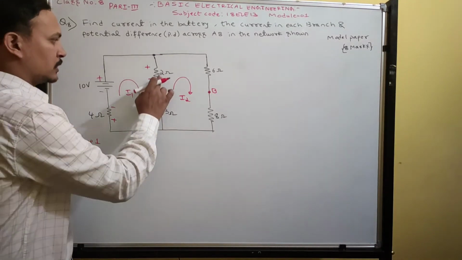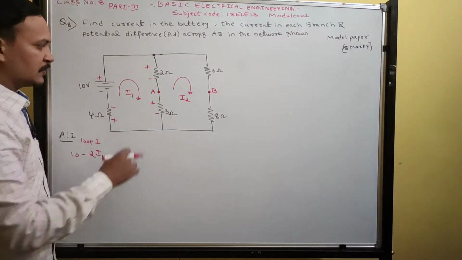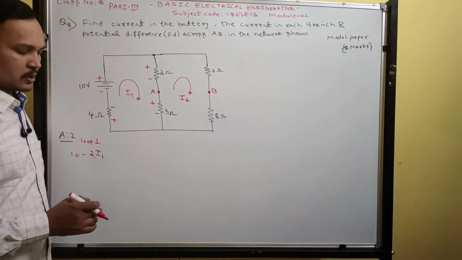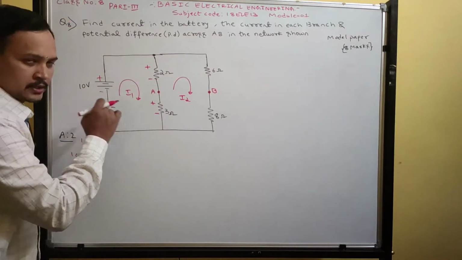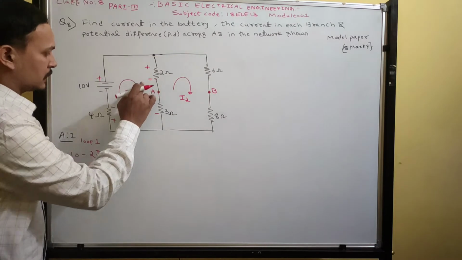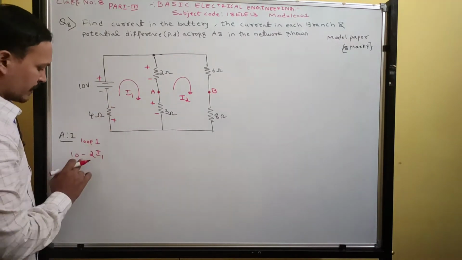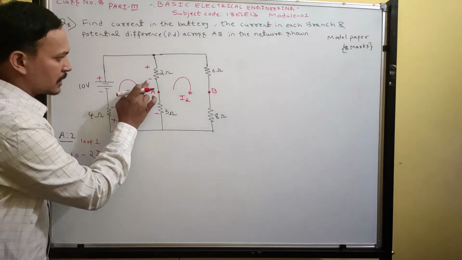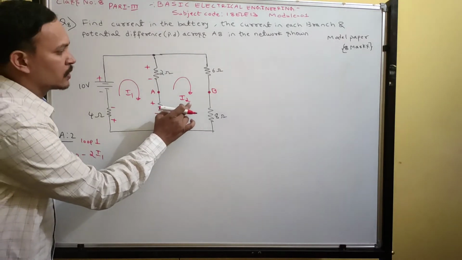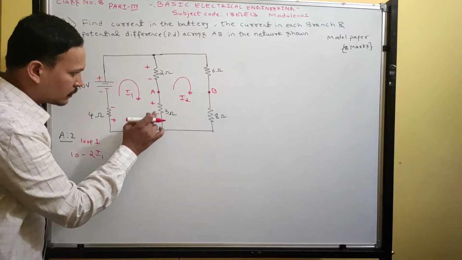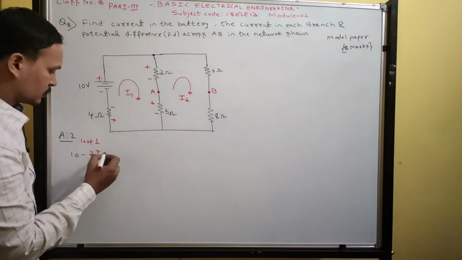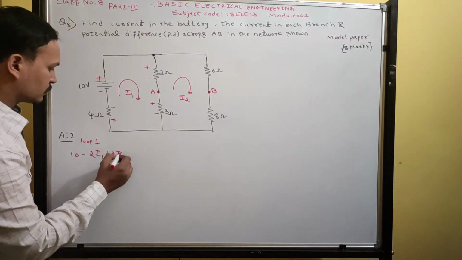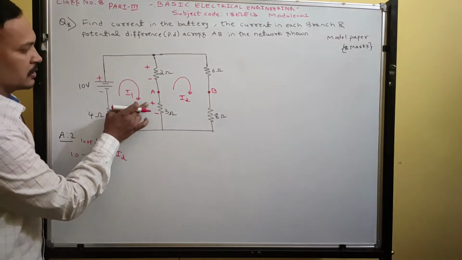See now this 2 ohm and 3 ohm will carry both I1 and I2 current, and you are applying KVL for the first loop. So for this polarity you write for this loop minus 2 I1. Now for this polarity I2 current also starts flowing. How is the I2 current flowing? I2 current is flowing from minus to plus. So you should write rise, plus 2 times I2. Next come here.